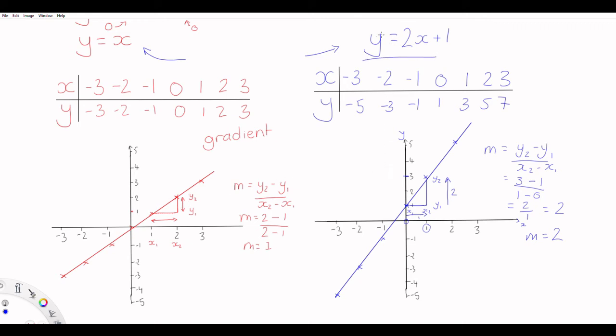For this one, y equals 2x plus 1, we've proven that the m value is 2 and that the gradient is 2. Therefore, we can say that the m on these graphs is equal to the gradient of the lines.